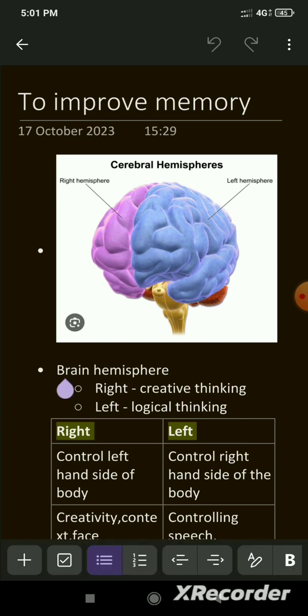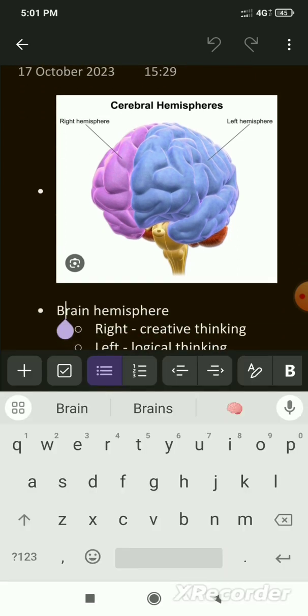Actually, the cerebral hemisphere of the brain has two parts, the right hemisphere and the left hemisphere. We already studied this in our study time.